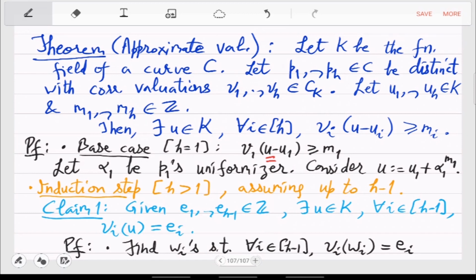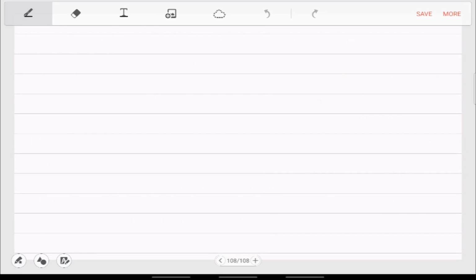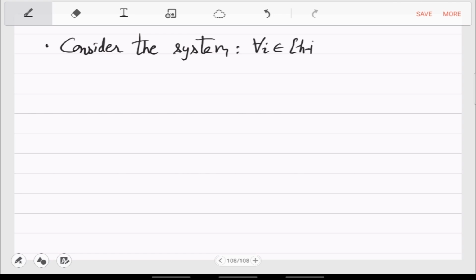Now set up the system for the theorem. Consider the system, for i from 1 to H minus 1, Vi of u minus Wi greater than or equal to Ei plus 1.